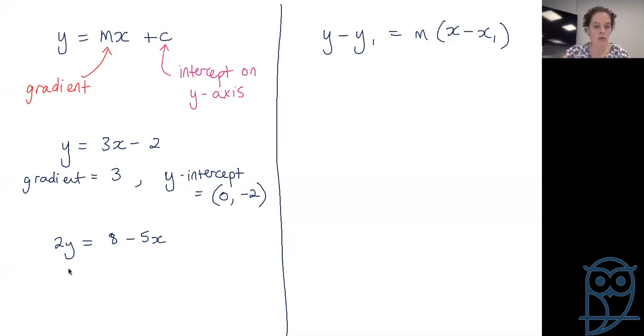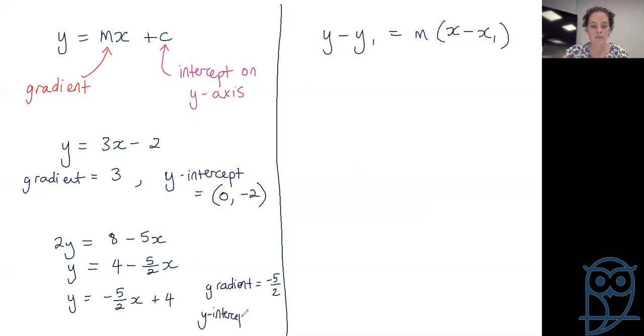Dividing through by the 2, we get y equals 4 minus 5 over 2 x. And if we want to be traditional, y equals minus 5 over 2 x plus 4. So your gradient equals minus 5 over 2, and your y-intercept is 0, 4. So it's really important that you're pulling your information out of the correct format, so you're avoiding making mistakes.